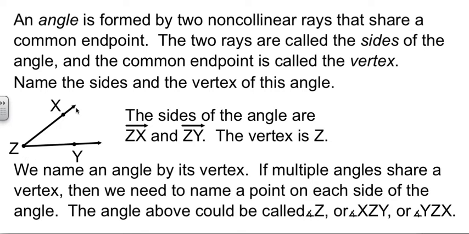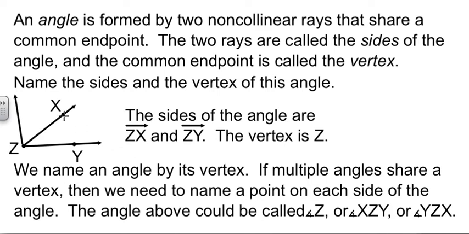If there are multiple angles there, such as if I drew another ray over here, like that, now there's several different angles. There's three angles: one small one here, one small one here, and then one big one. Then we have to clarify which angle we're talking about.